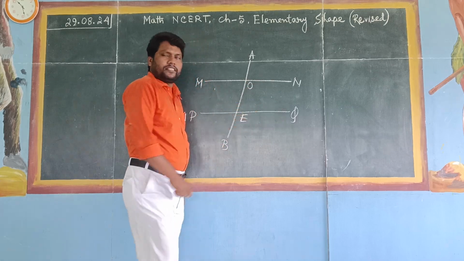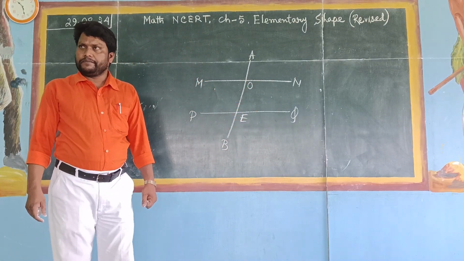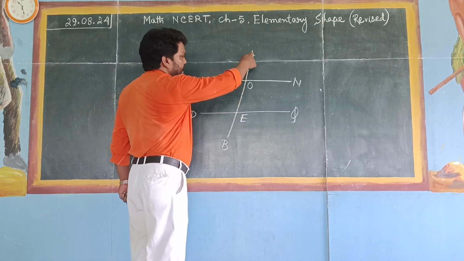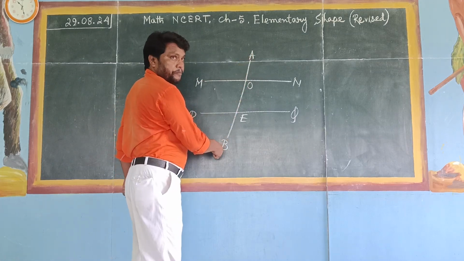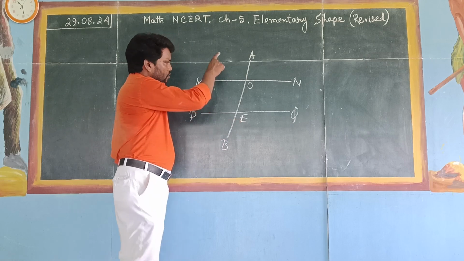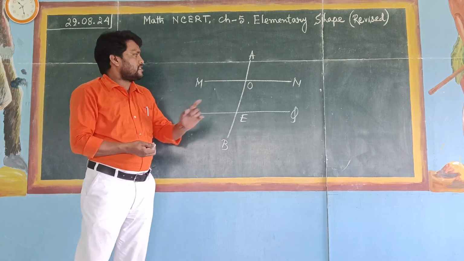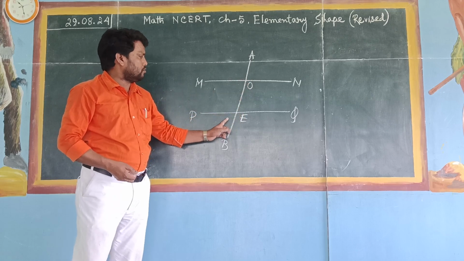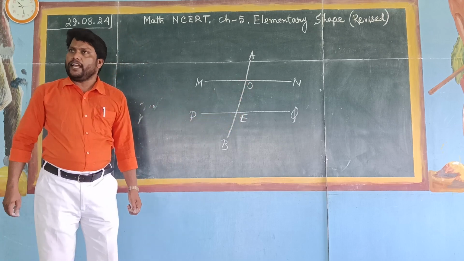I have drawn at first a parallel line. Then this pair of parallel lines is intersected by line AB at point O and point E. Now some angles are formed: 1, 2, 3, 4.